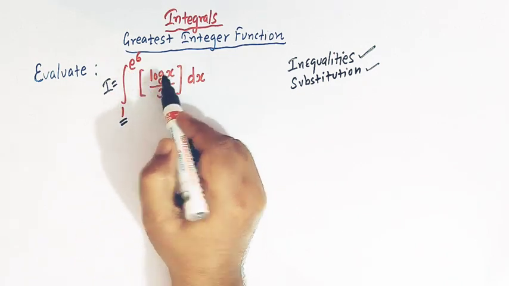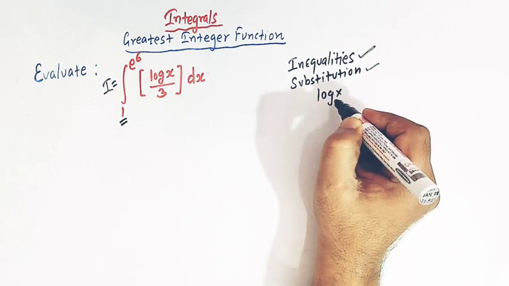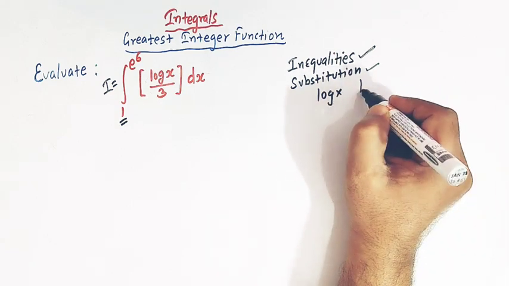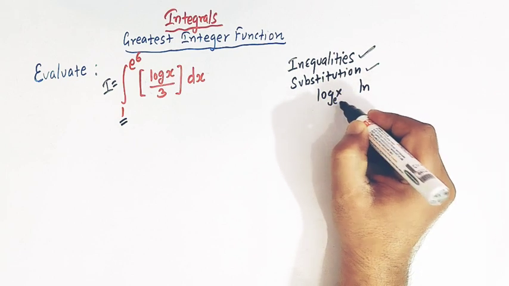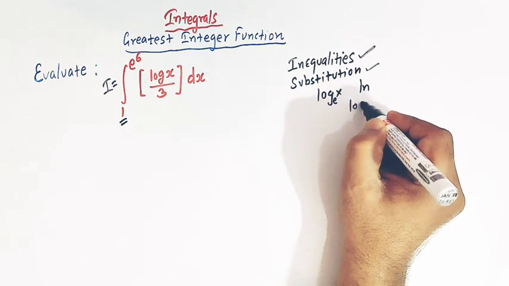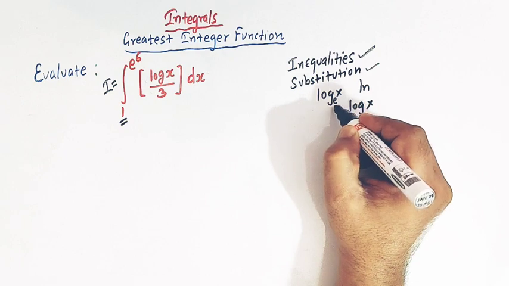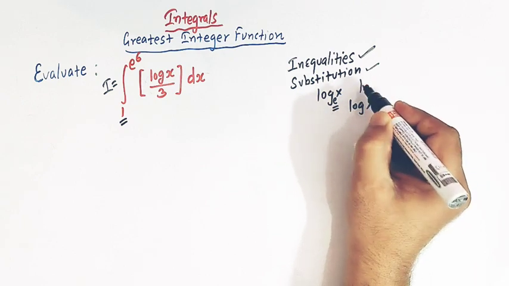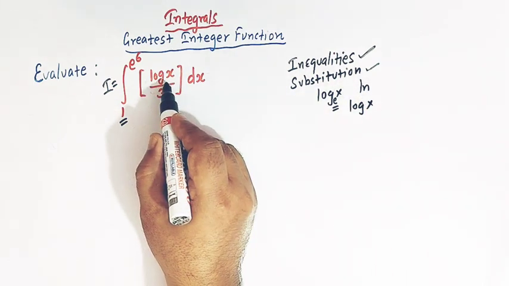The log function, log of x, is the natural log. We can also write ln for log x, because the base e is understood, so we'll simply write log x for log x to the base e.